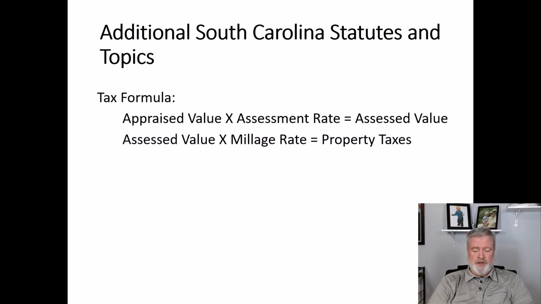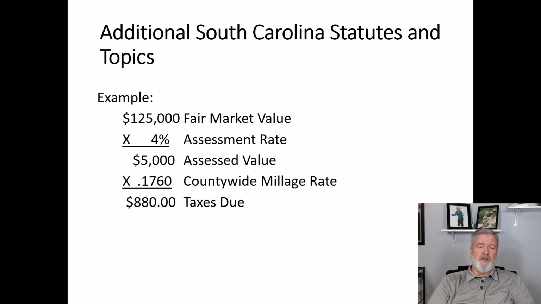But let's look at an example of how this would work. Given that formula, here it says the market value is $125,000. It says the assessment rate is 4%, so we know that's owner occupied. So $125,000 times 4% would be a $5,000 assessed value.